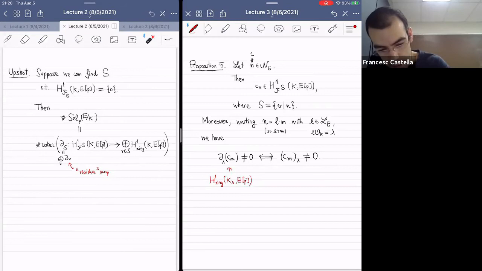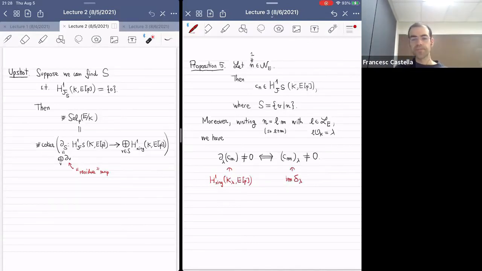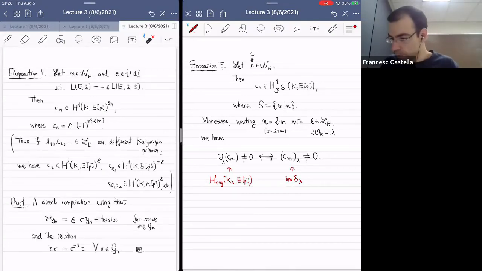Okay, so this is now an equality or inequality in the image of the Kummer map as well. Okay, so this is the proposition that will allow us to propagate the non-triviality of a class of conductor M to a class with further primes in the conductor. Okay, as we're going to see later.